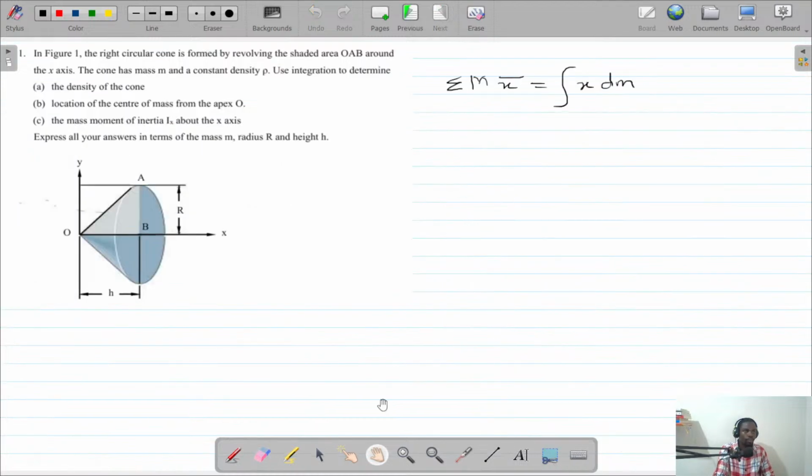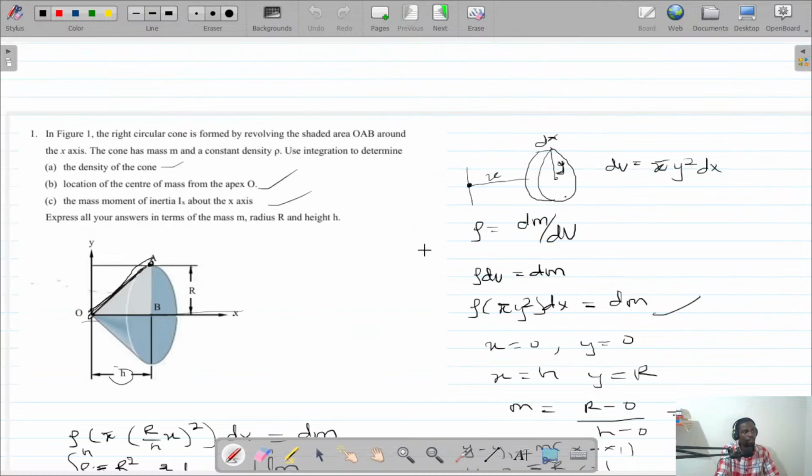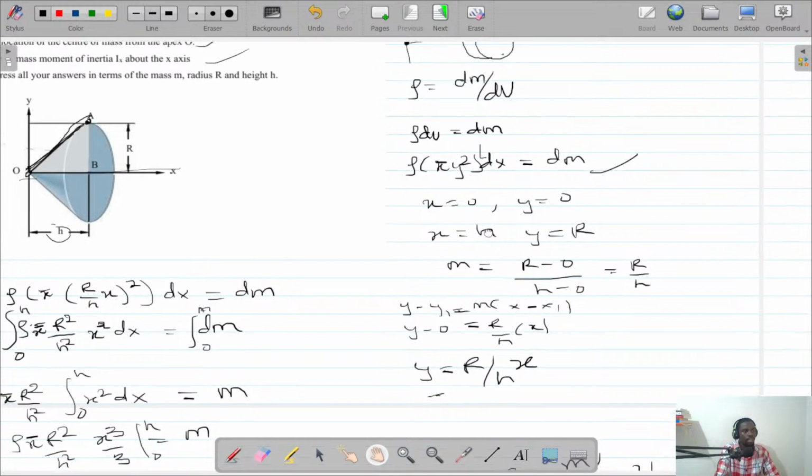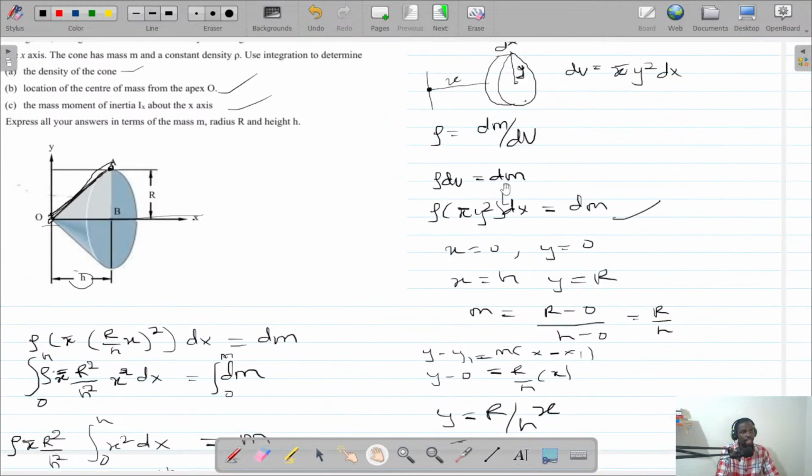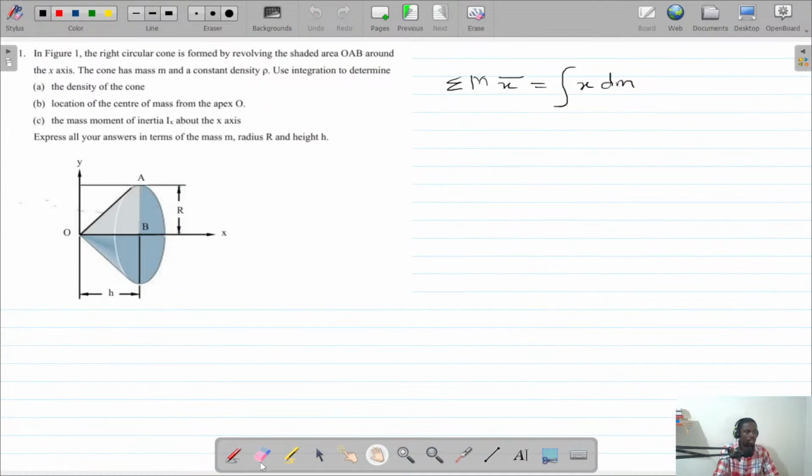Now we've already established from the previous session that dm is equal to rho dv, and dv is equal to pi y squared dx.